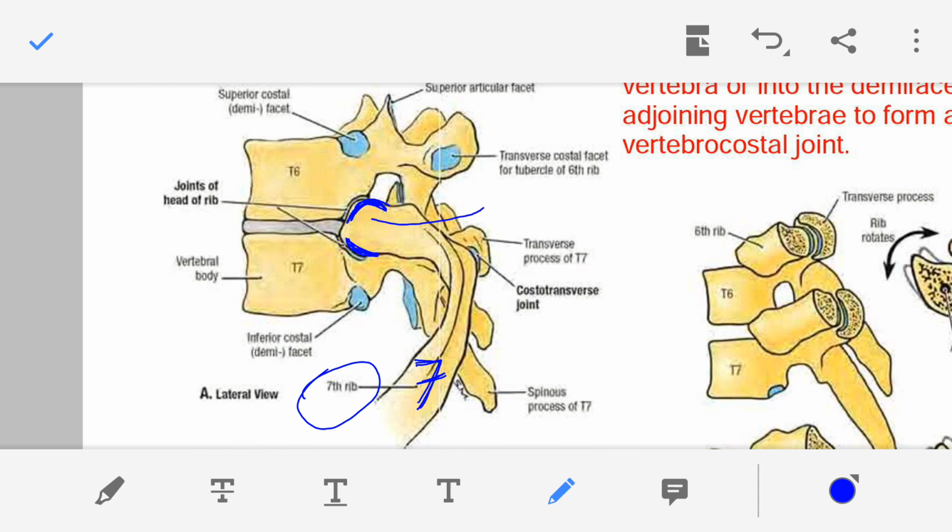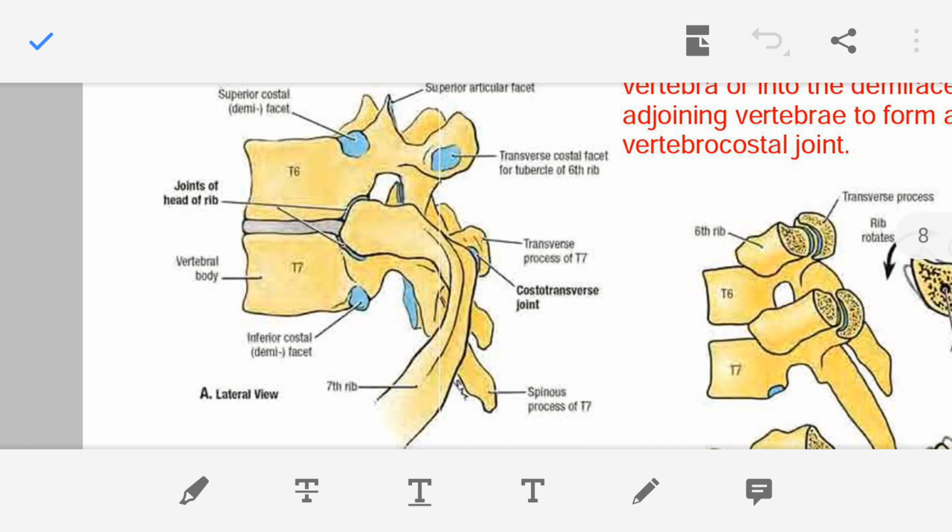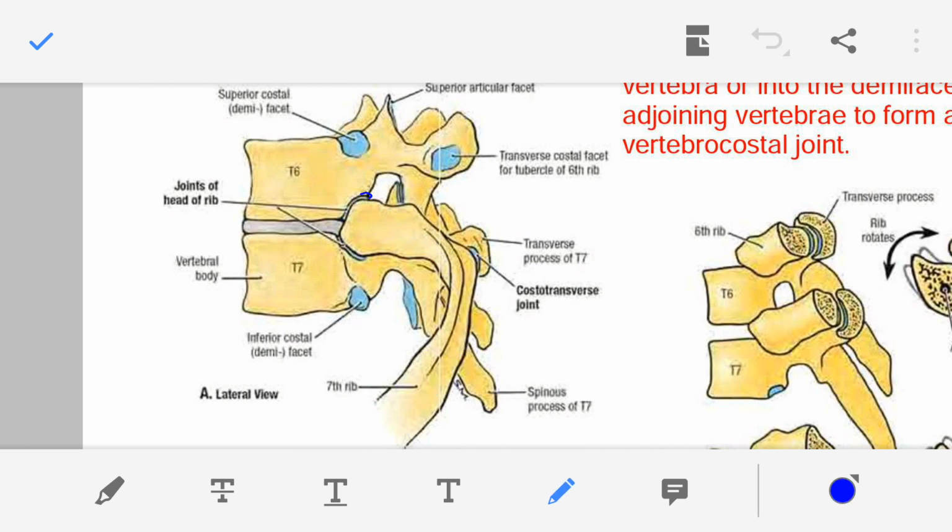Once again, this is the superior articular facet and this one is the inferior articular facet of the 7th rib. Now for the time being, we are pulling this rib out. Imagine we have pulled this rib out from this joint. So what you will observe is that here there is a depression.